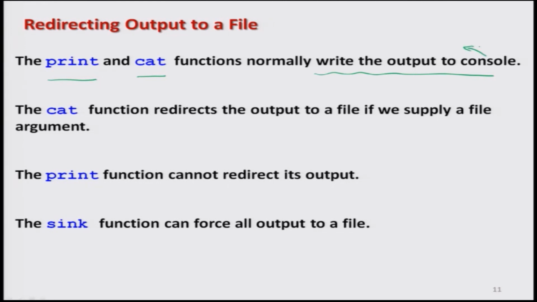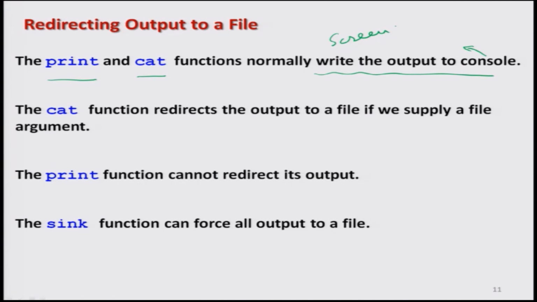Console, in simple language, is the screen. That means, whenever we run the program inside the R software, whatever output is coming on the screen is the outcome on the console of the R software.